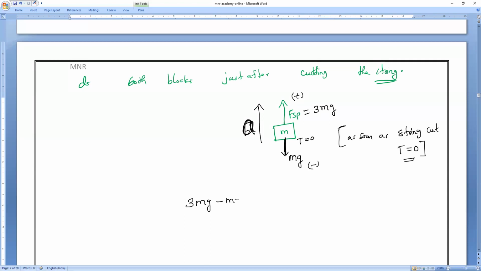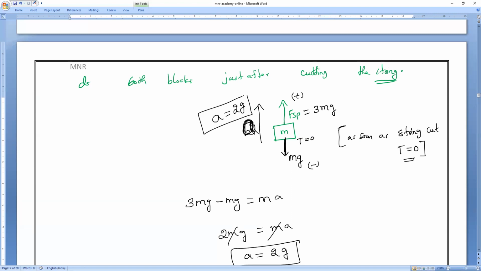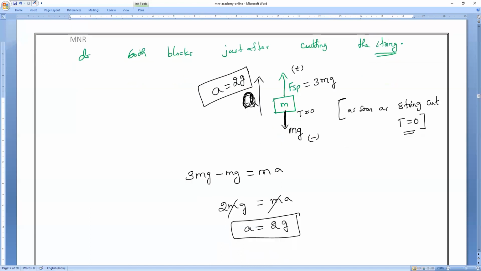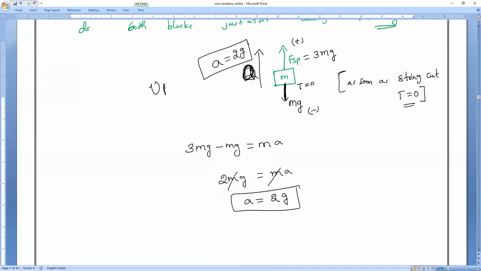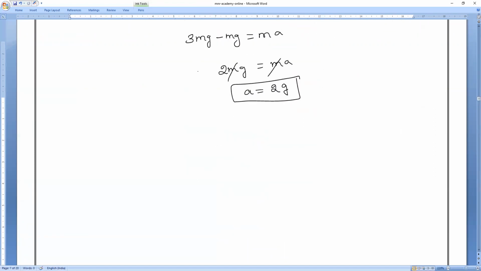So 3mg minus mg equals ma, so 2mg equals ma. The m will cancel, so a equals 2g. So the body will go with acceleration 2g in the upward direction. Clear?